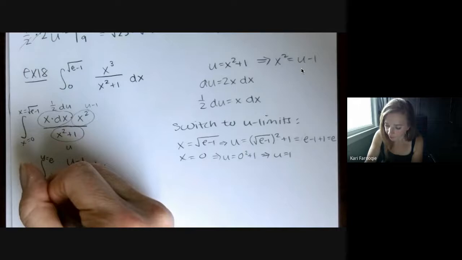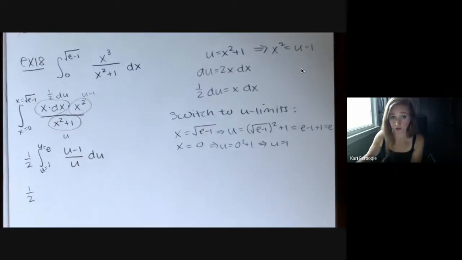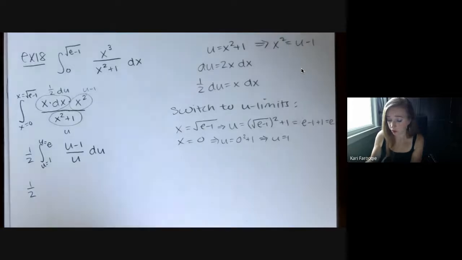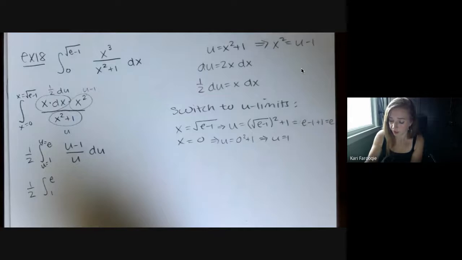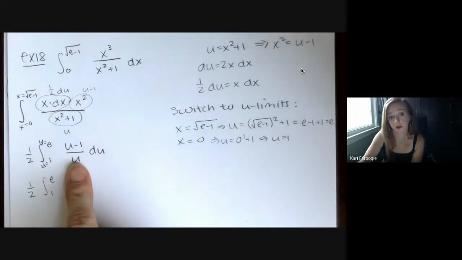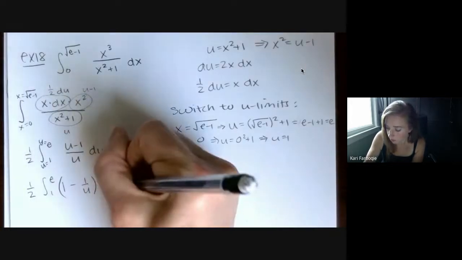All right. Well, now that you have noted this, you know you switched it, you don't have to worry about any back substitution. You can go ahead and just rewrite these as just 1 to e. And then when you rewrite the integral, you're going to write it as u over u minus 1 over u. So that's 1 minus 1 over u du.